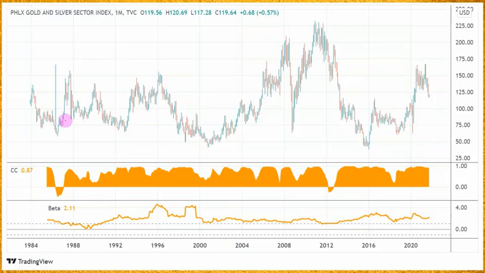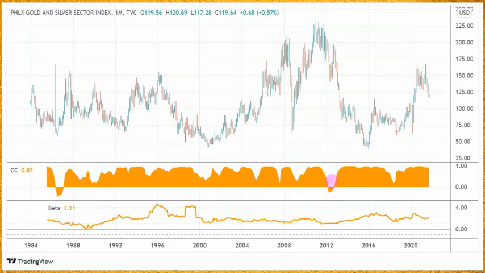So over here, where it says CC, that's a correlation coefficient. And we can see that this is basically the correlation coefficient for the mining stocks to gold. And you can see that it's generally very high. A lot of the times it's actually 1 or close to 1.